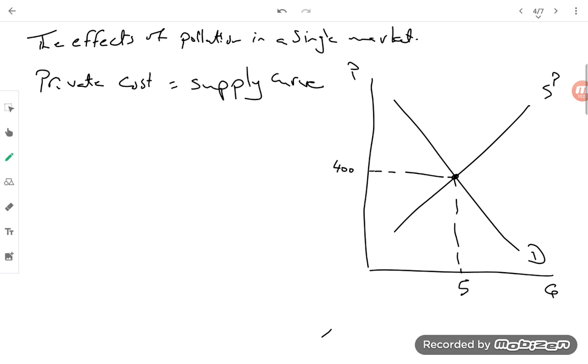So in this case, the producer would like to maximize his own benefit regardless of the pollution or the negative impact to the society. But actually, if you are going to include the additional cost of preventing pollution, we have to talk about the social cost, not the private one.